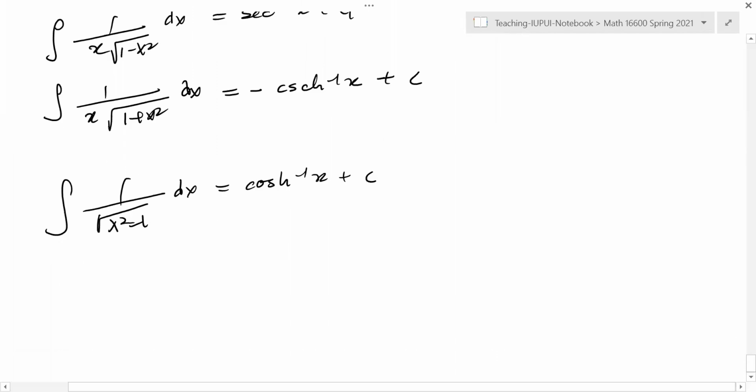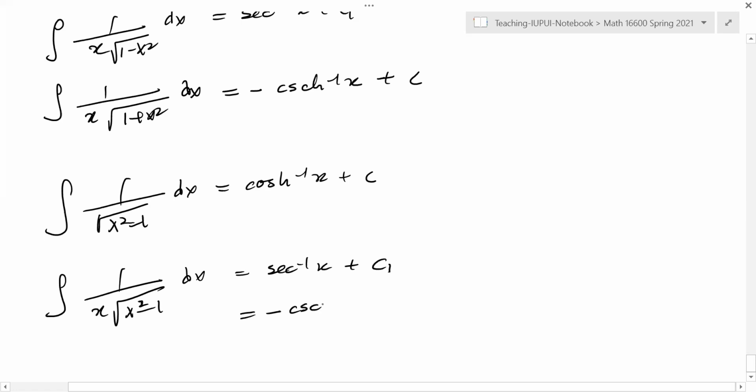Then you also have a term with x squared there. We get all of them. And this is actually the inverse of secant x plus c1, but this also can be negative inverse of cosecant x plus c2.